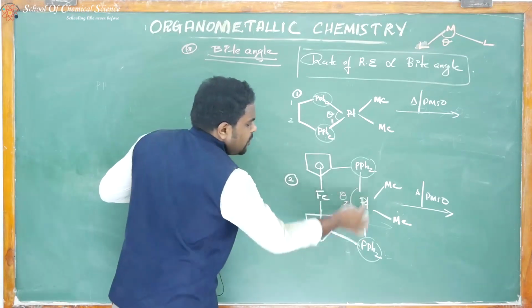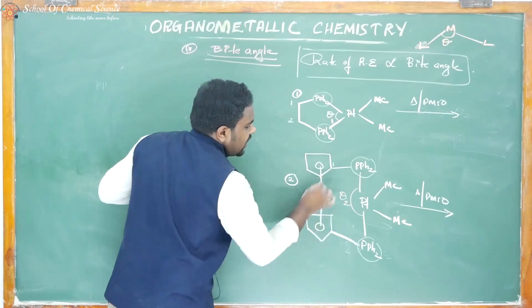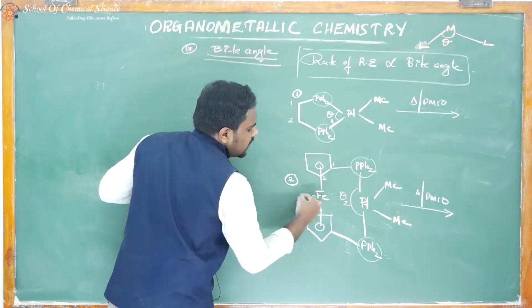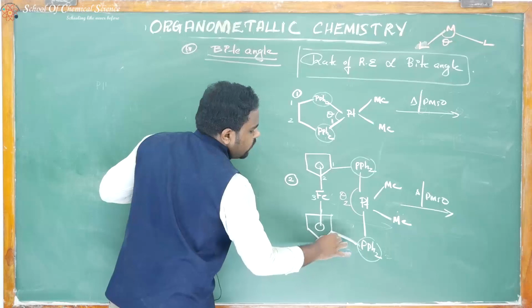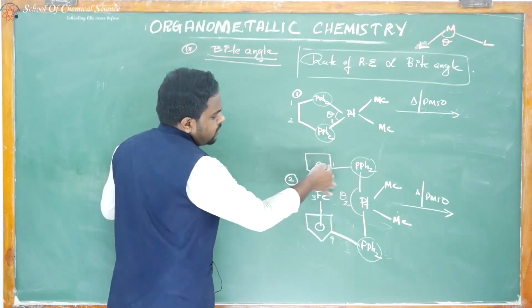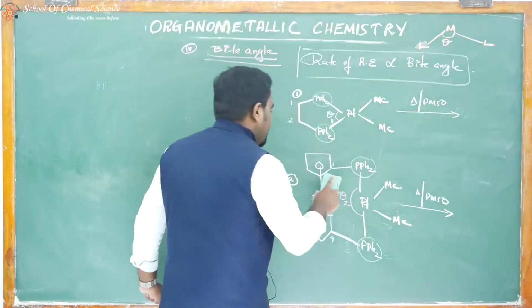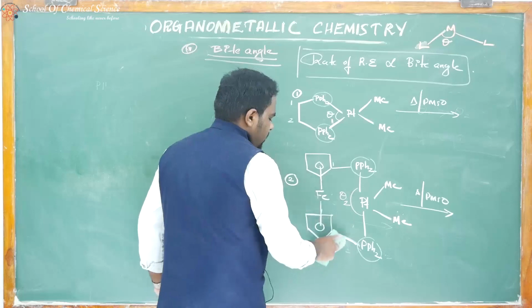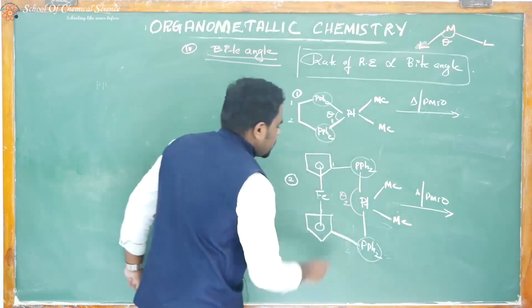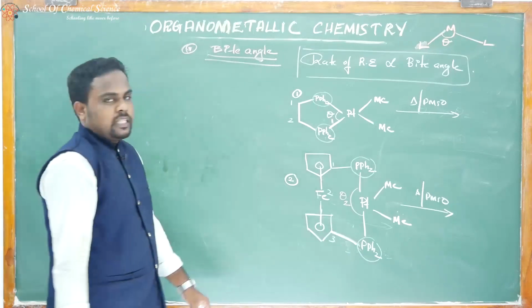But here these two PPh2 are separated by 1, 2, 3, 4. Number of separation is 1, 2. This is actually coordination, this 2 is not calculated. 1, 2, 3 atom separation is there.